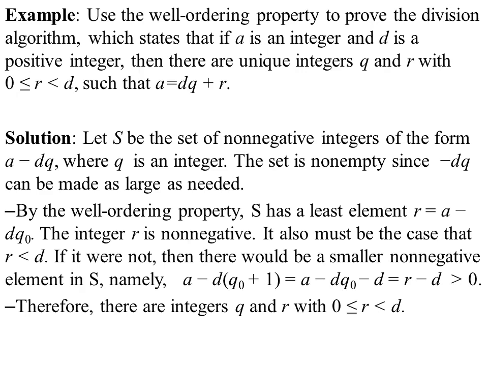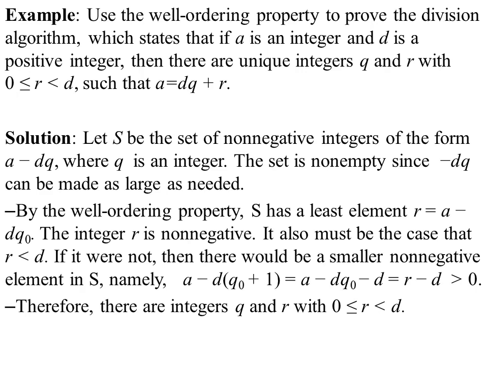The integer r is non-negative and we already know that its value lies between 0 and d minus 1. So that leads to the case that r is less than d. Suppose r is not less than d, then there would be a smaller non-negative element in S, namely a minus d into q naught plus 1.